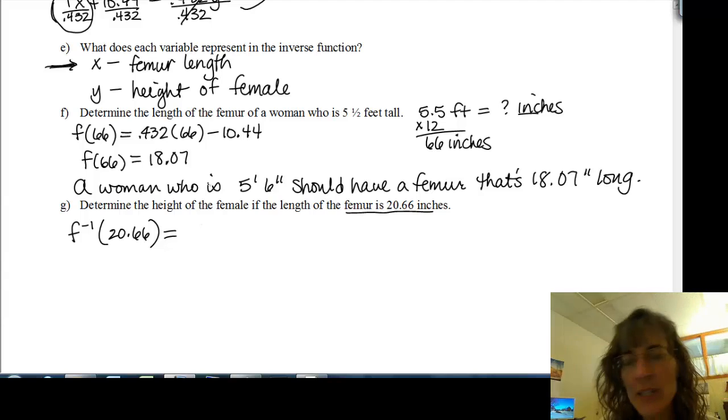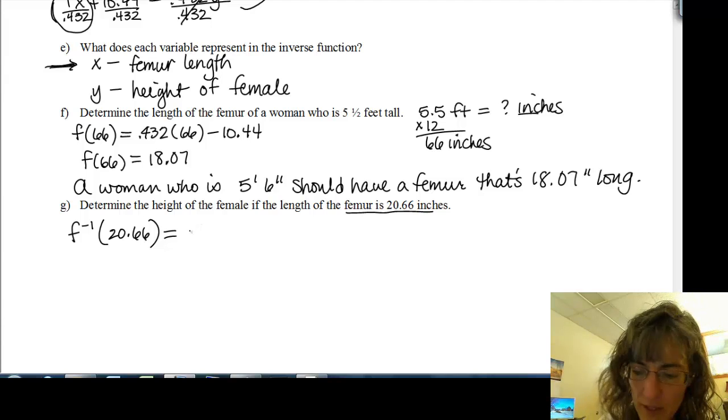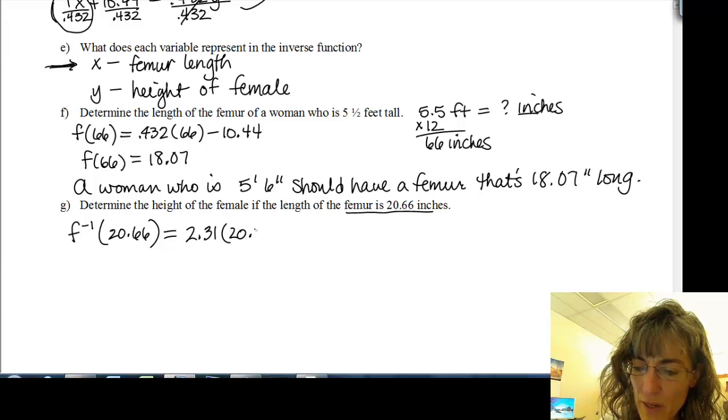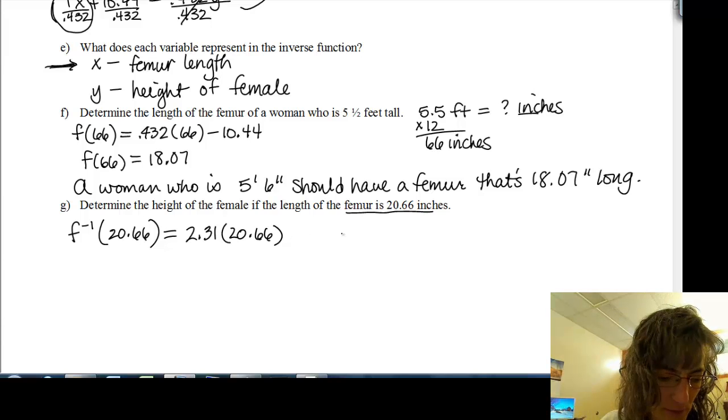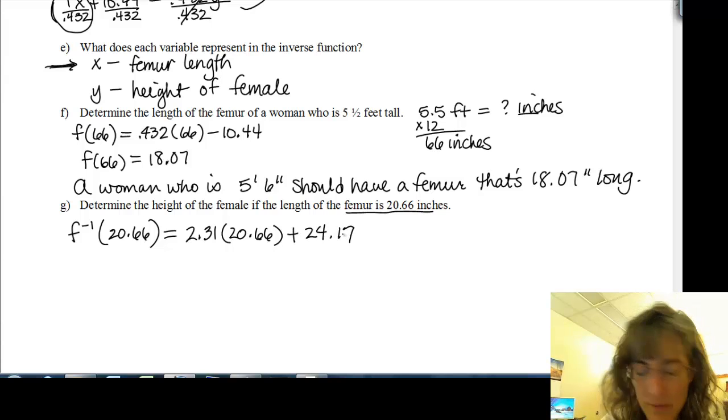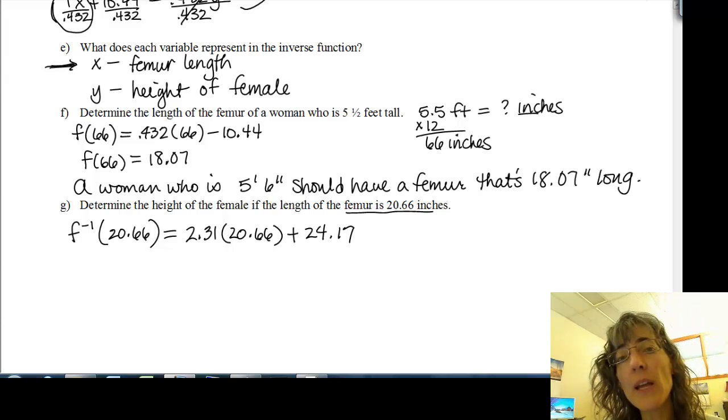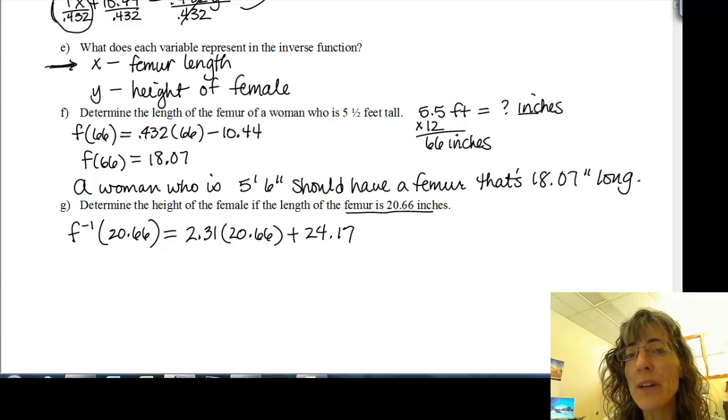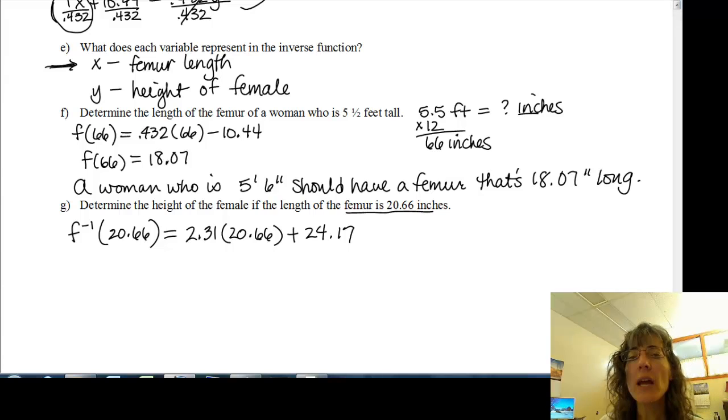And using that function from part D, I'll sub it in, and so I have 2.31 times 20.66 plus 24.17. Okay, if I use the original formula, I have to do a lot more solving. So the inverse is a lot handier this way.